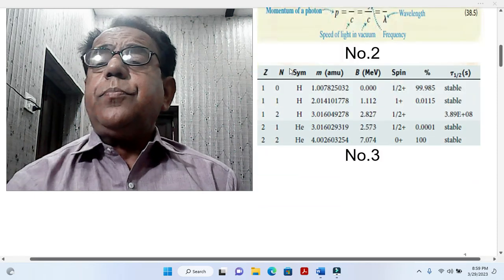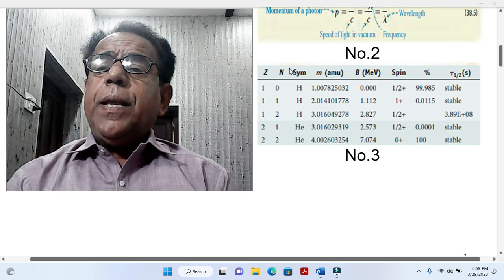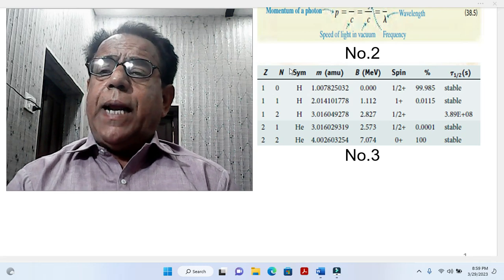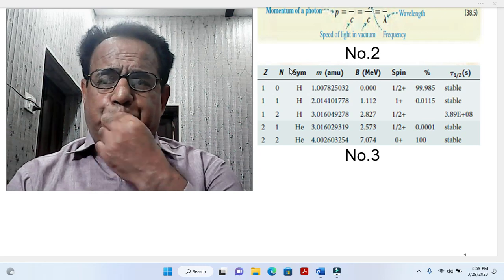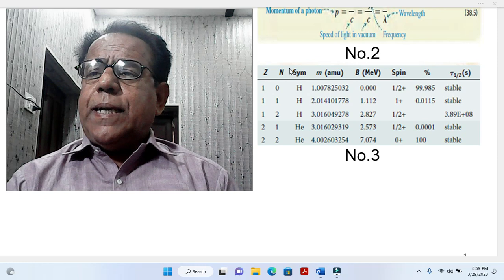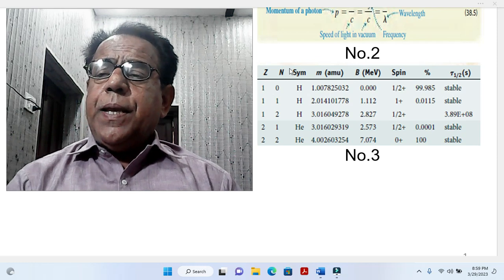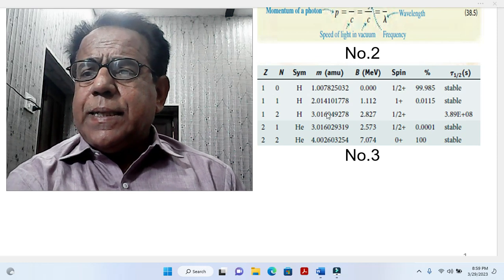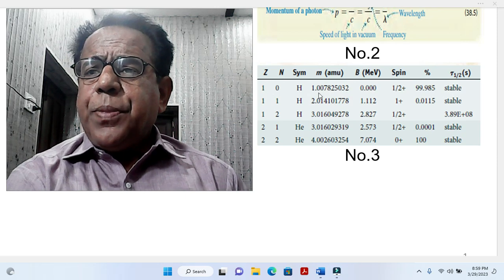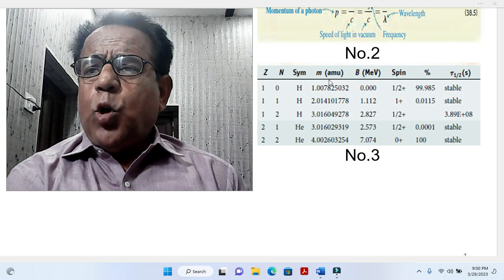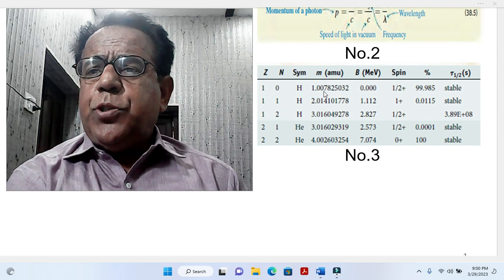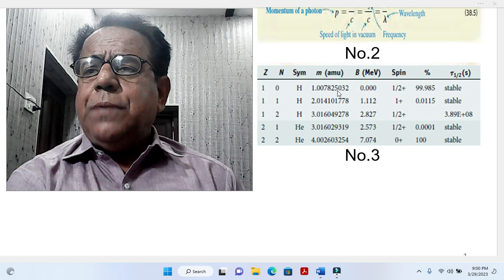Next, tool number 2 is about the hydrogen atom. In this table various things are included, but we are primarily concerned only with this value, the atomic mass unit, 1.00782532.